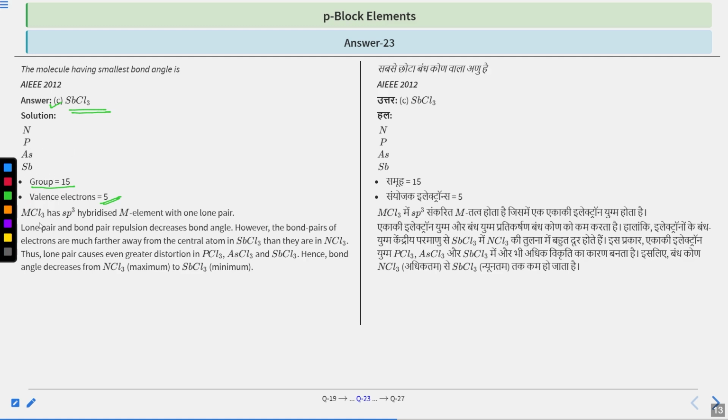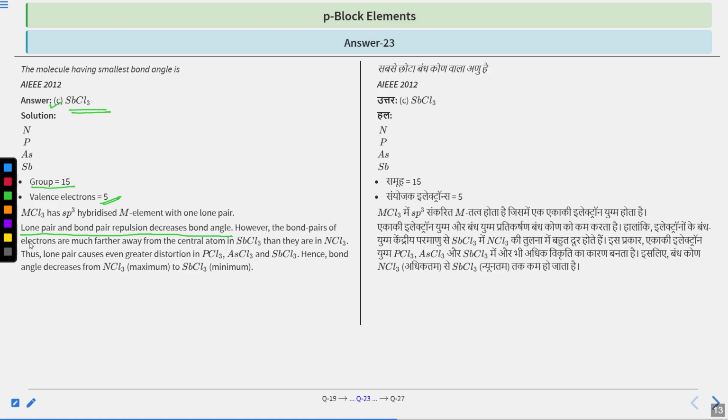So MCl3 has sp3 hybridized M element with one lone pair. Lone pair and bond pair repulsion decreases bond angle. So this is the concept given here, that the lone pair, if present on an atom, the lone pair and bond pair repulsion, it get repulsed, and due to the repulsion the bond angle will decrease.